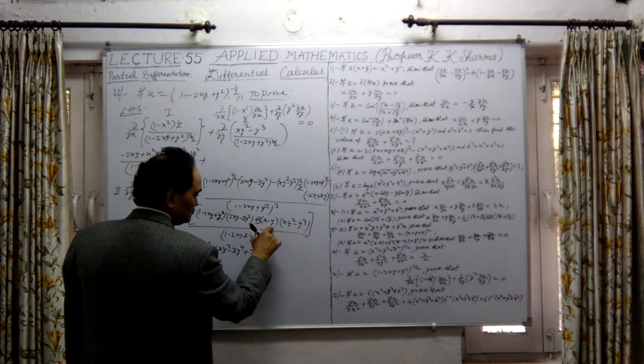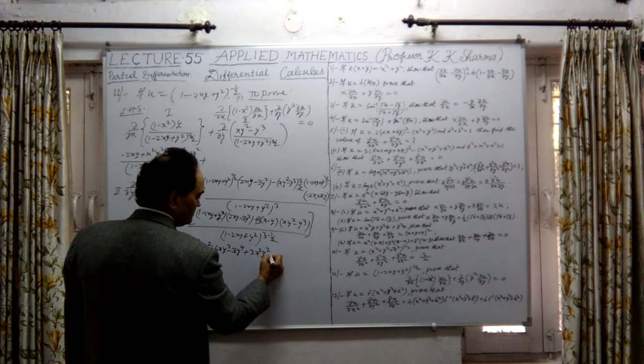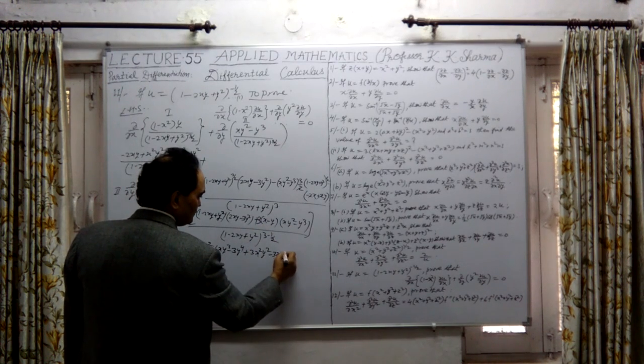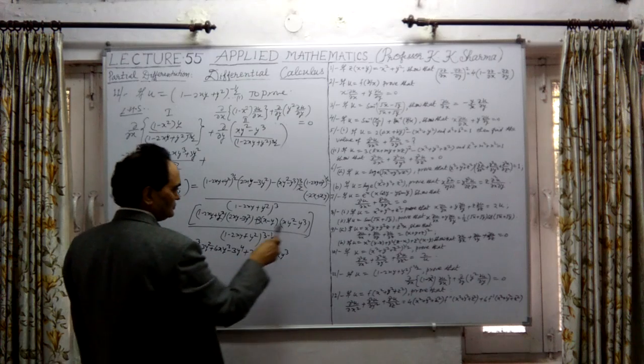Okay, now this 3 into x times minus y will be minus 3x into y cube, that is there.